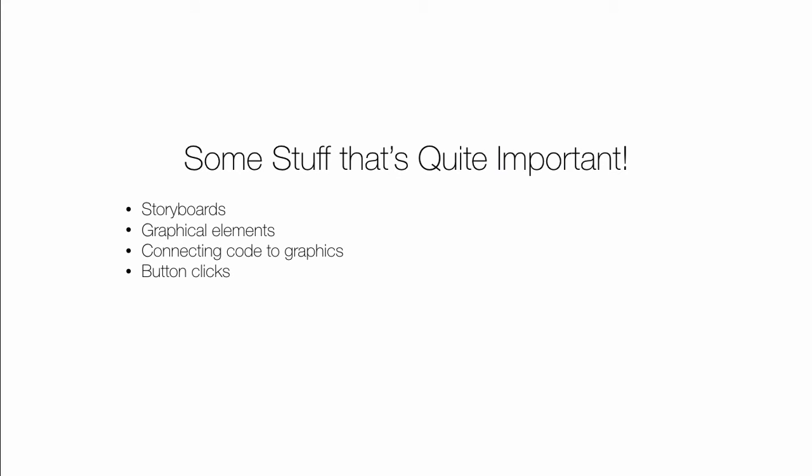We'll look at how to respond to button clicks, how to constrain all of the things in our screen, because as you can imagine, an iPad is a different size to an iPhone. So iOS, or rather Xcode, needs a way to know how to place the various items inside your app so that they don't look out of place on different screen sizes. And it's quite elegant how they've done that.